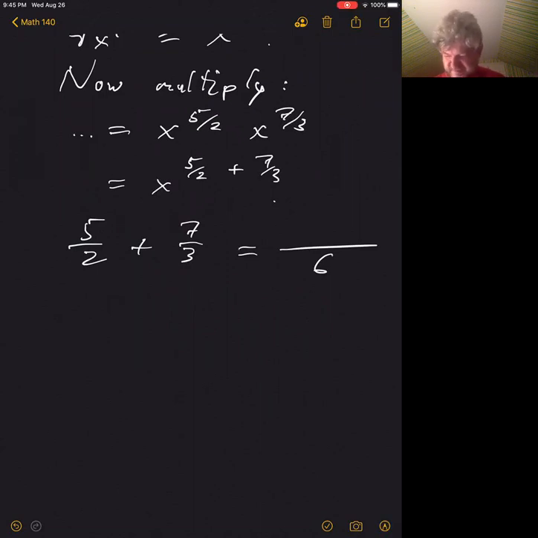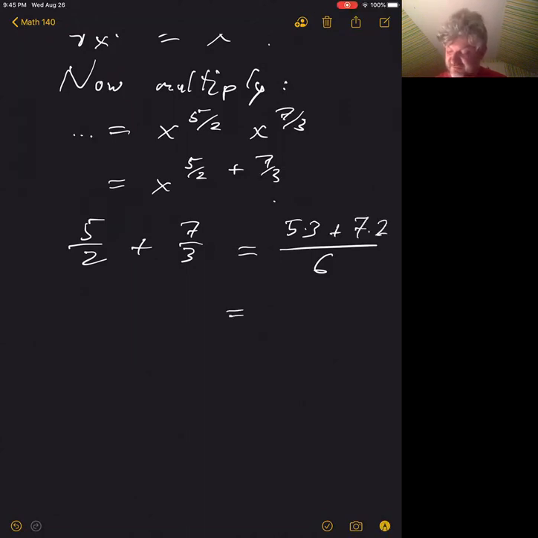This is arithmetic. So we need to expand the first fraction by a factor of 3. That's the first fraction, 5 times 3 divided by 2 times 3. Second fraction is 7 times 2 divided by 3 times 2.